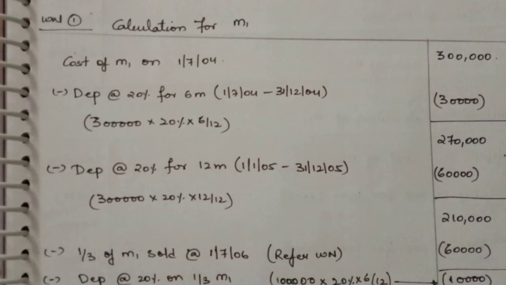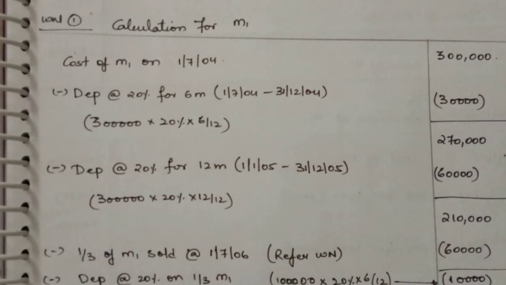So in this year 2005, you can take the usual depreciation for the full year, that is 3 lakhs into 20% into 12 divided by 12, which comes to 60,000. So 2,70,000 minus 60,000 is the balance amount as on 31st December 2005 or 1st January 2006, that is 2,10,000.